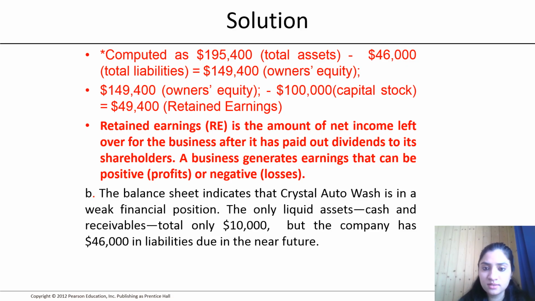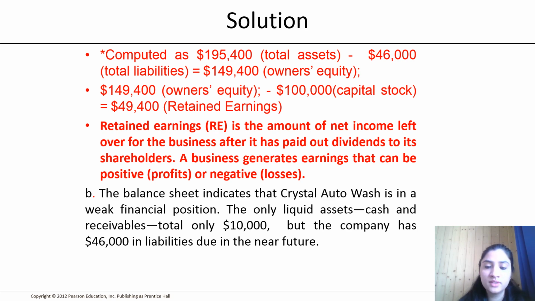So first of all, we find owner's equity, that is assets minus liabilities, which is $149,400. So this is the owner's equity. Owner's equity of 149,400 minus 100,000 capital stock, then the retained earnings is $49,400. Okay, so retained earnings is the amount of net income that is left with the business after paying dividends to its shareholders.